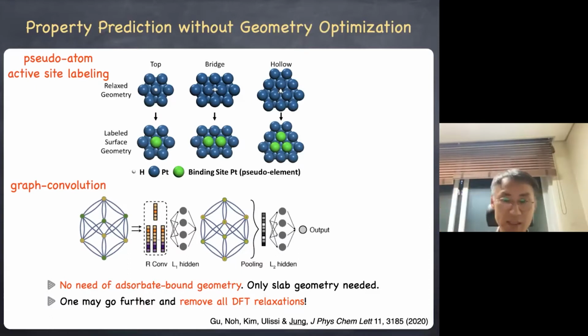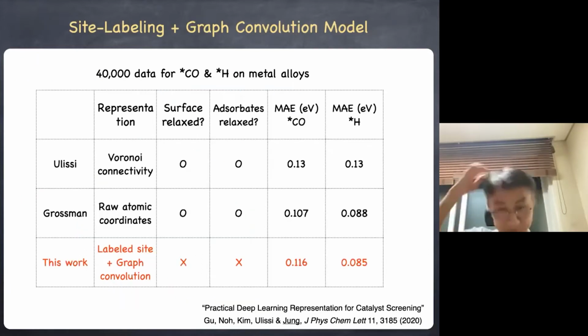By doing that, you can remove the geometry relaxations when you have the adsorbate bound. And even these slab geometries can be obtained from the bulk optimized structures from, for example, the Materials Project database. Then you can completely remove all DFT relaxations associated with the prediction of binding energies.